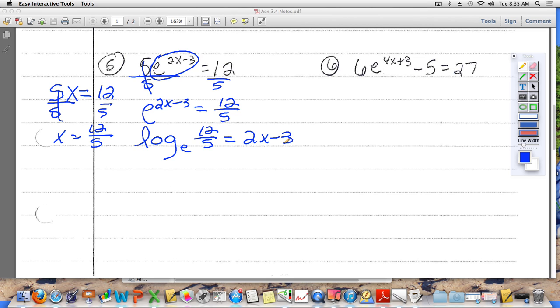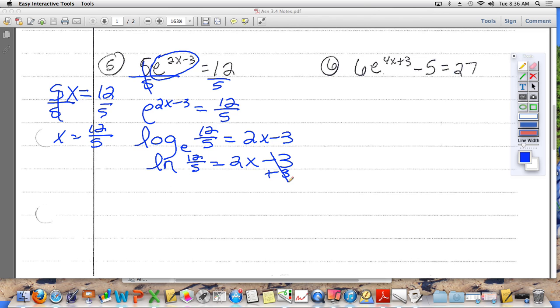What does log base e mean? It's ln. So I'm going to rewrite this as the ln of 12/5 is equal to 2x minus 3. We're trying to figure out what x is. What do I do? Add 3 and then divide by 2.